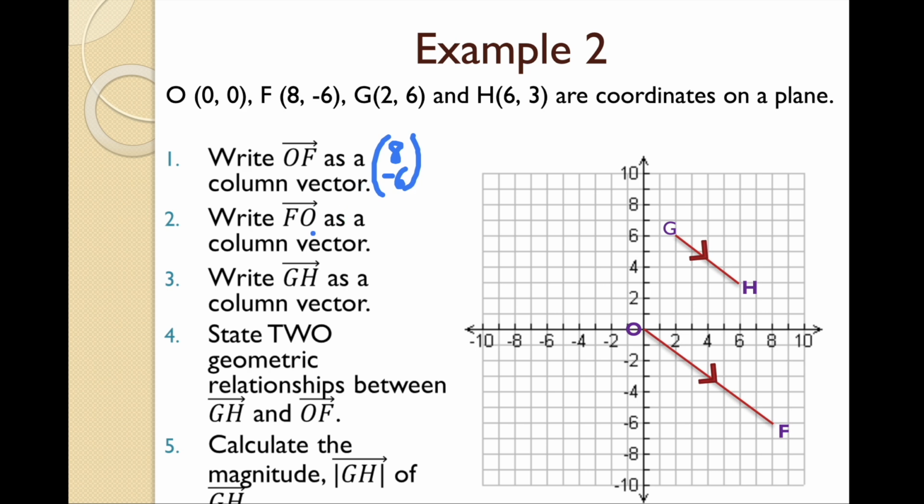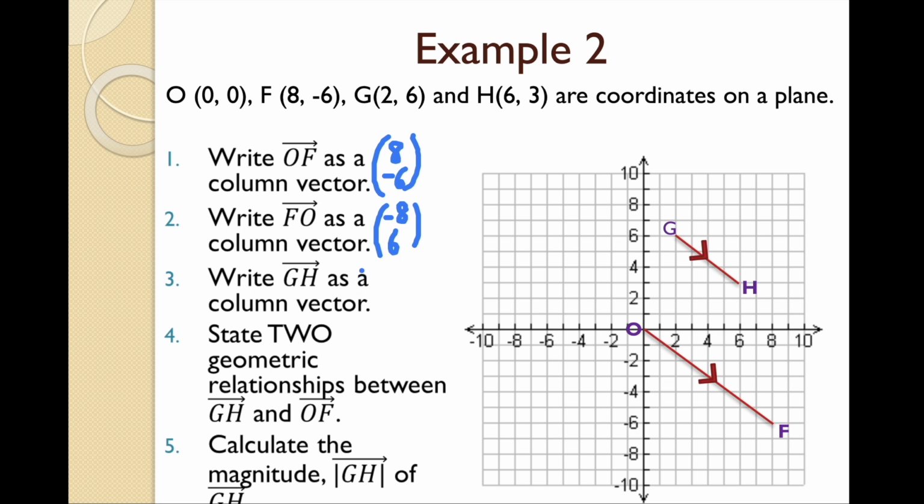Now the next one, F to O. Because it's opposite in direction, it's going to turn to what? -8, then what? 6. Yes. Because this was 8, -6, therefore this has to be -8, +6. So it's the opposite we're looking at here. We go 1, 2, 3, 4, 5, 6, 7, 8 to the left. So that's negative, and up +6, right?